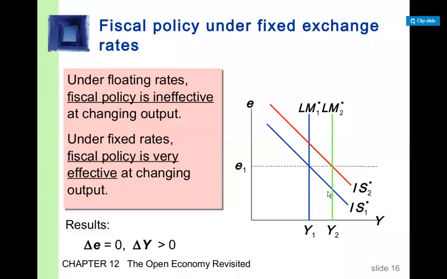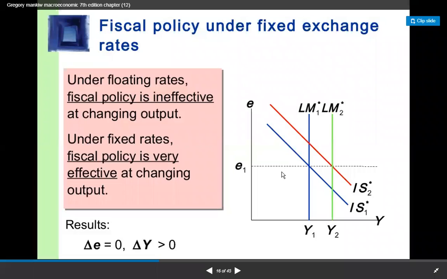But with fixed exchange rate the economy can be out of recession by expansionary fiscal policy under fixed exchange rates. Now we are here at the new equilibrium point where exchange rate is fixed by the State Bank and we are at higher income level Y2. The result is exchange rate is fixed and income level has been increased.